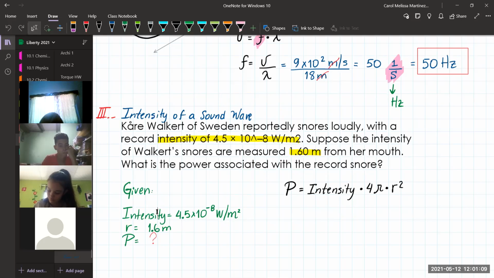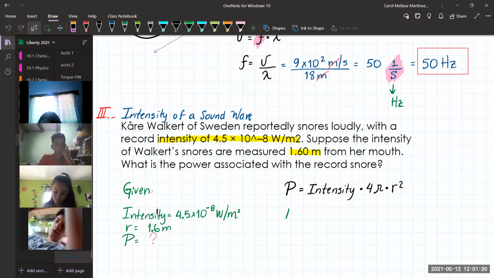That is the formula, and we just need to replace by the givens because we don't need to do any conversion here. In case that you need to do conversion, for example, if the distance isn't in meters, you have to do a conversion before. But this is not the case, so we apply the formula.